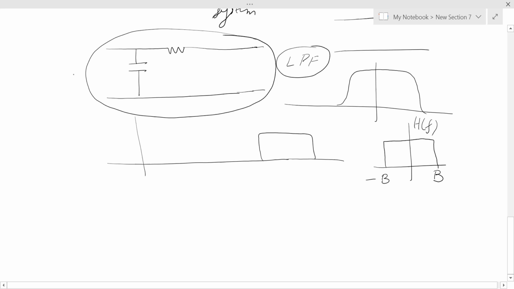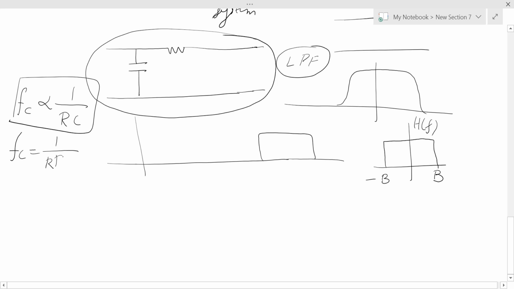You know that its cutoff frequency fc will depend on 1 over RC. In fact, cutoff frequency will be some constant times 1 over RC. You can find that constant. So we can effectively say that the bandwidth of the channel is fc.